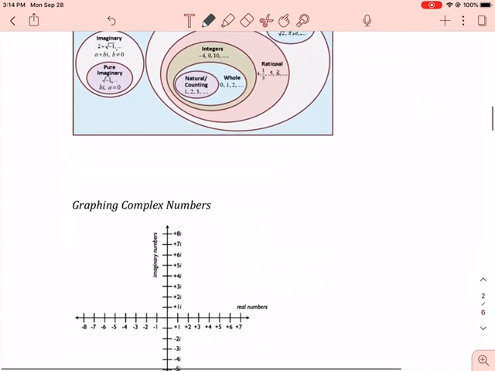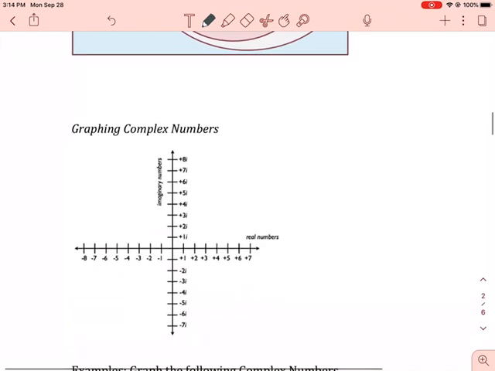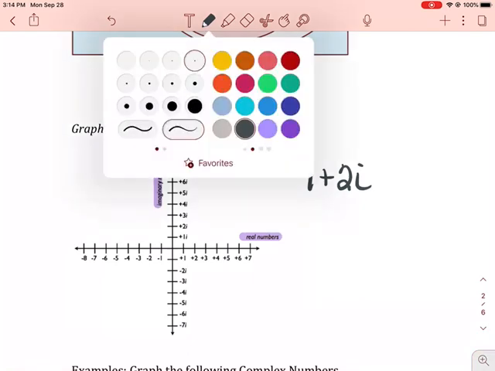So we learned a whole brand new number today. When we graph complex numbers, we get a whole new coordinate axis, where the horizontal axis is the real numbers of the a plus bi form, and the vertical axis is the imaginary, or the i part of the form. So let's say I wanted to graph 7 plus 2i.